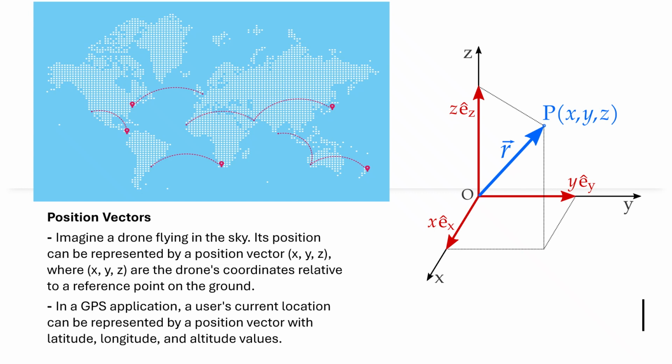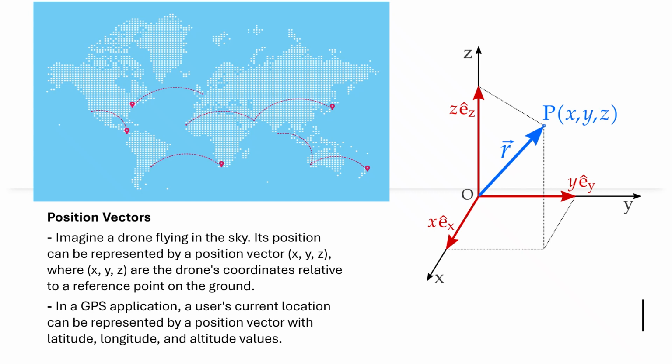Position vectors: vectors used to describe the location of a point relative to a reference point. The vector connecting a point to a reference point represents a point's position using vector notation and coordinates. For example, imagine a drone flying in the sky.